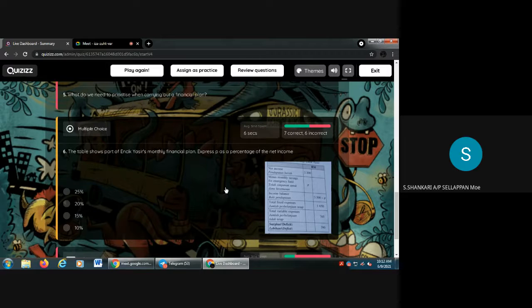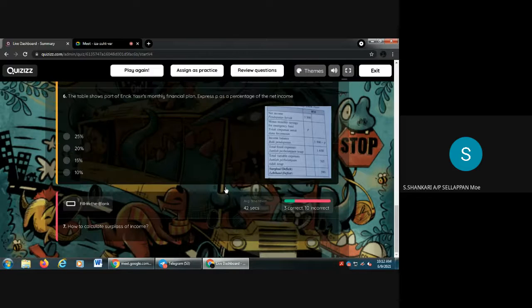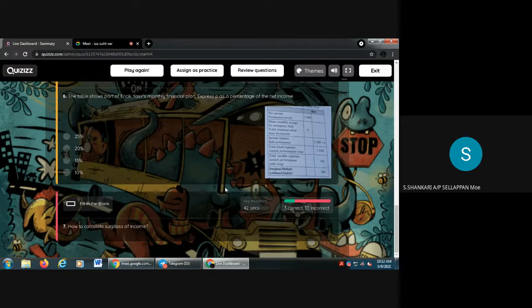Okay, next question, 7. How to calculate surplus of income? You have to write the answer. What does surplus mean? Pendapatan lebihan, teacher.